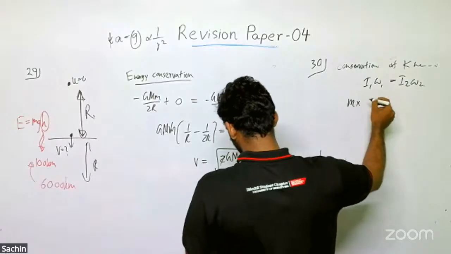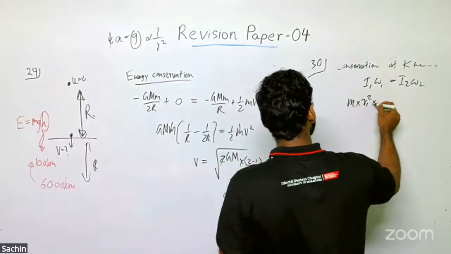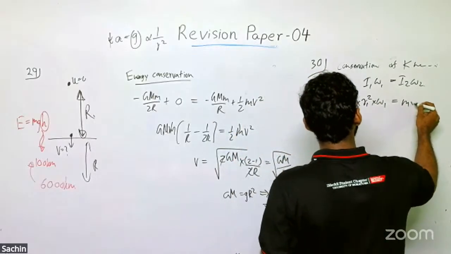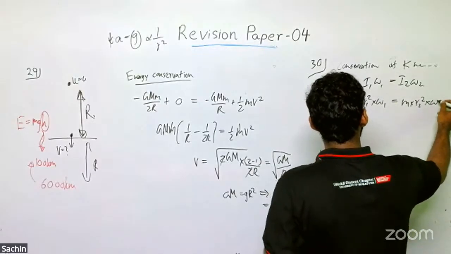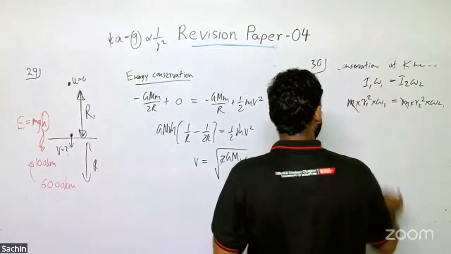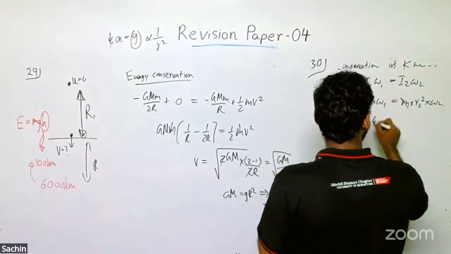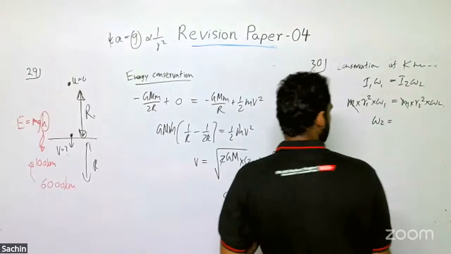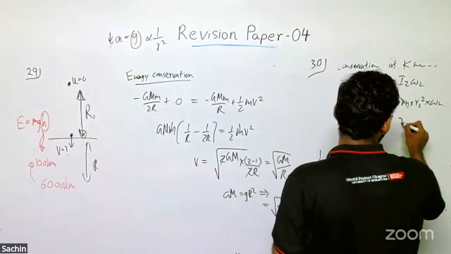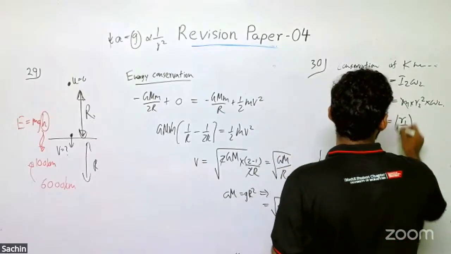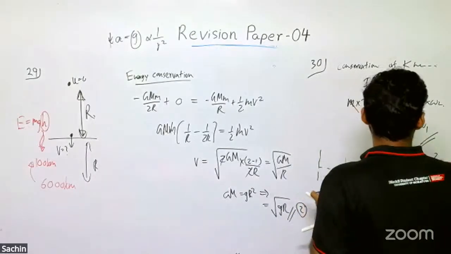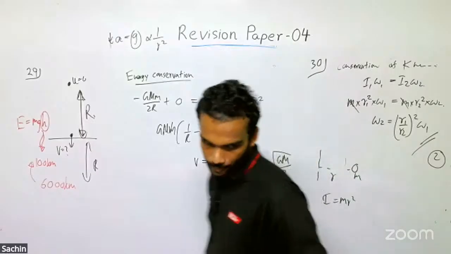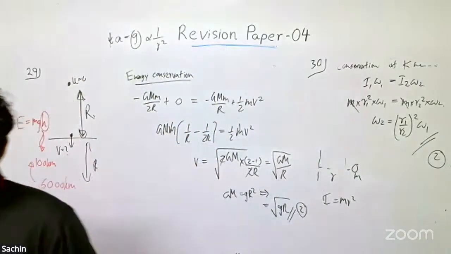So m times r1 squared omega 1 is equal to m times, same way you can calculate the I here, r2 squared omega 2. The m gets cancelled. Omega 2, if you solve it, omega 2 is equal to r1 over r2, squared, times omega 1. So this is given in the second option. Okay.